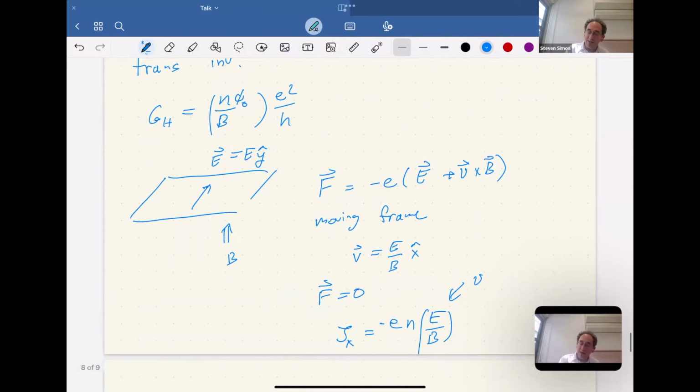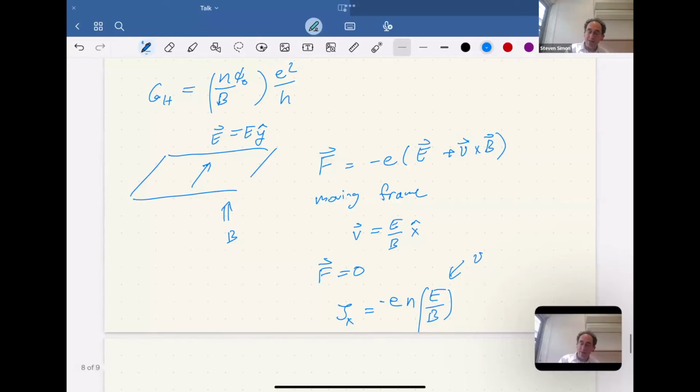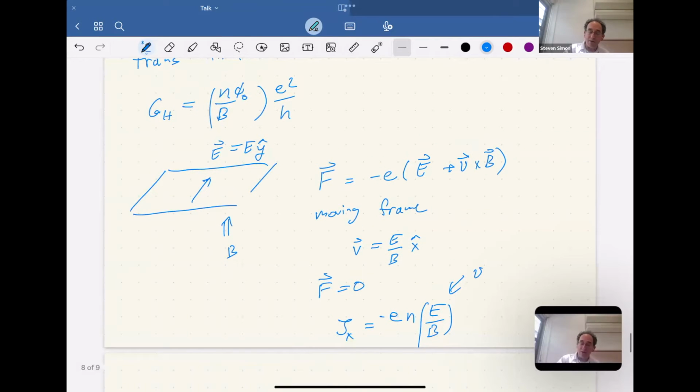And so this should give me the Hall conductance correctly. And so phi naught, let me just change this up here. Phi naught is h over e. And you can see these two expressions are the same. The current is e n over B, and that's the same e n over B.